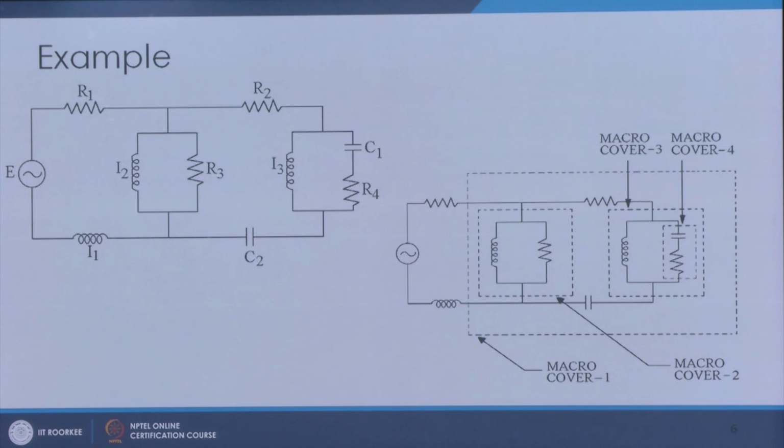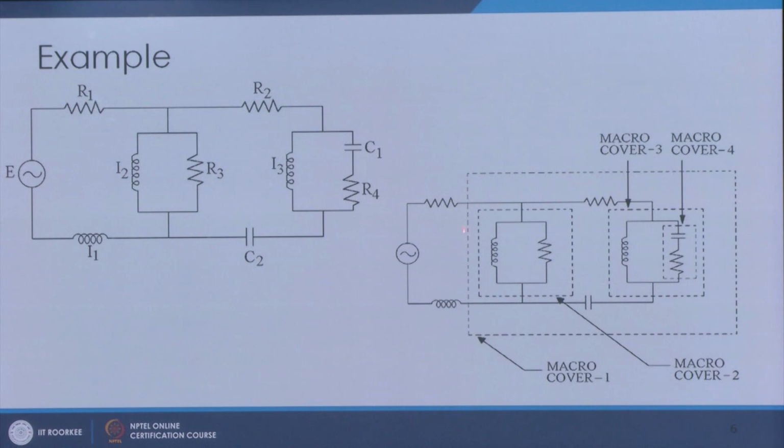then here we have C2 and finally here I1. So, you can see the complex nature of this circuit. Now, to draw the bond graph model of this, what we can do is that, as I said, here we can put a big cover here, as you can see, the macro cover 1.